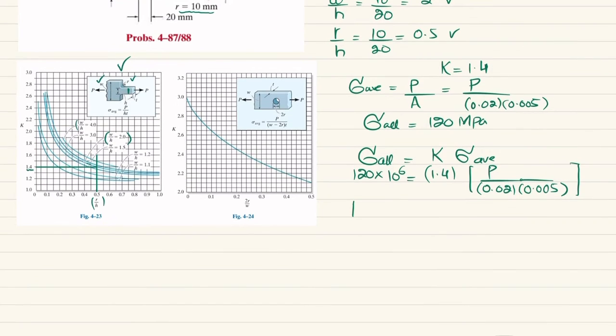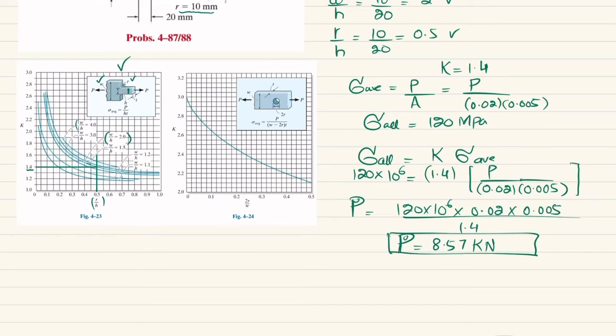As we are interested to find P, P will be equal to 120 into 10 raised to power 6 multiplied by 0.02 multiplied by 0.005 divided by 1.4. When you calculate it, you will get P equal to 8.57 kilonewton.